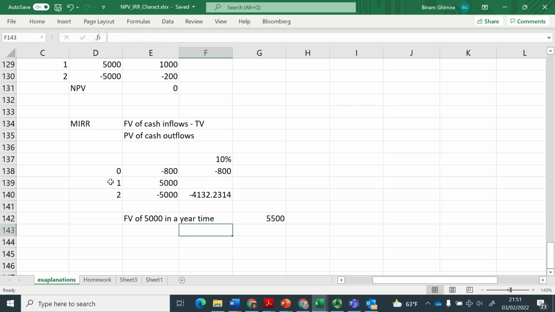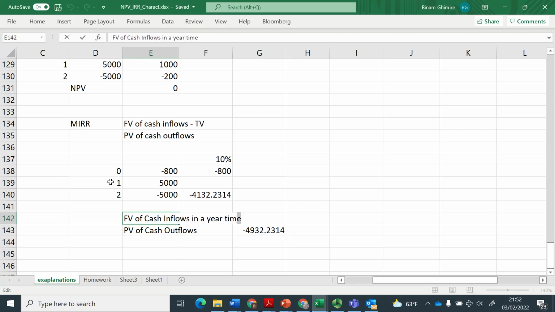Now you will add this 4,132 and this, which is the present value of cash outflows. And there can be more than one inflow, depending on the cash flows. So you can call it future value of cash inflows.